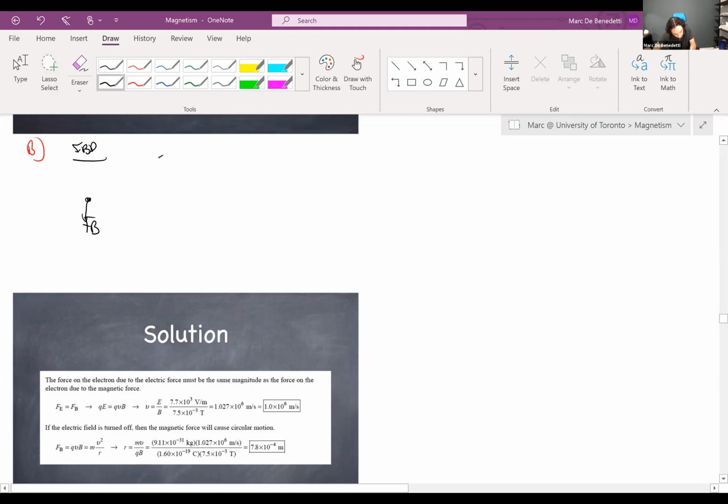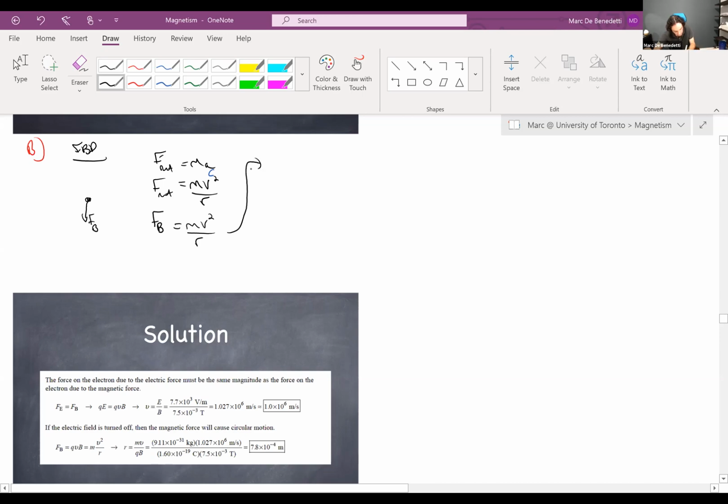So when we write F net equals ma, it's going to be a sub c, the centripetal acceleration. So this is going to be mv squared over r equals F net. And looking at my free body diagram, which looks horrendous now that I'm looking at it, the only force acting on it will be the magnetic force.